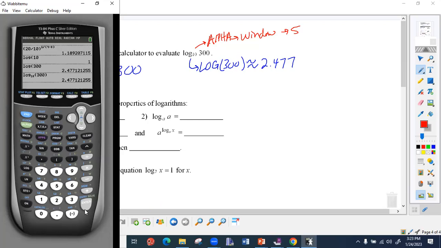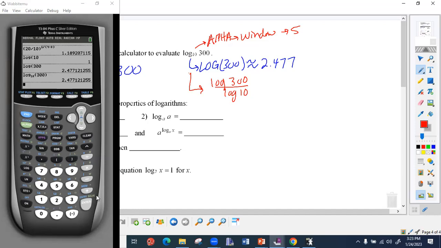And I get 2.477. Okay, all right, now let's say that you don't have our handy dandy calculator with change of base. There is another way you can write this in the calculator. It's the log of your argument divided by the log of your base, and you can do this on any calculator.